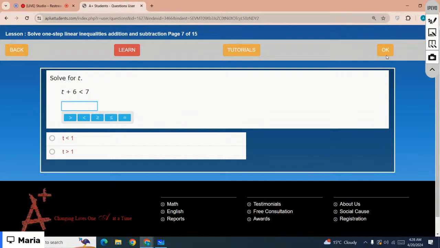T plus 6 is less than 7, which is the correct option. The correct option is T is less than 1, option number 1 is the correct option.